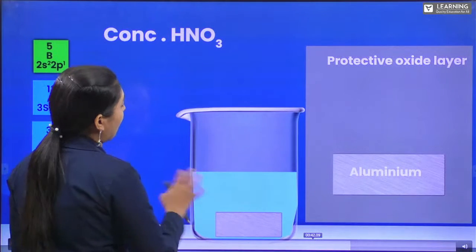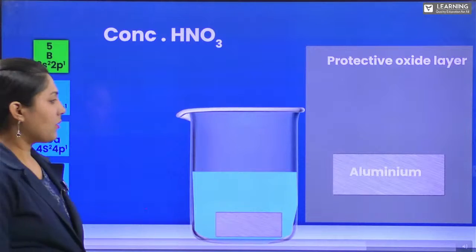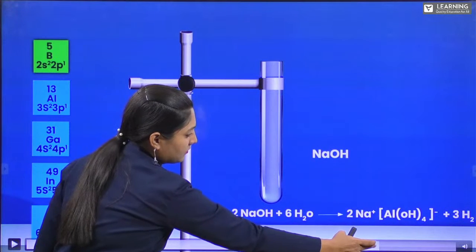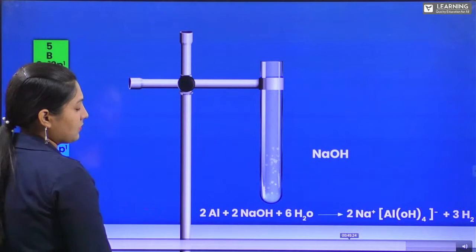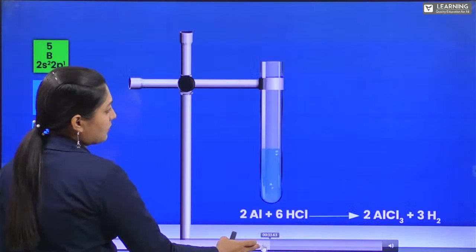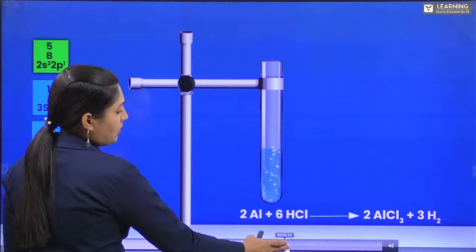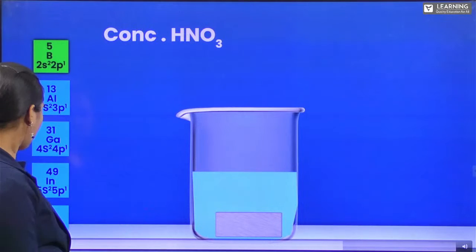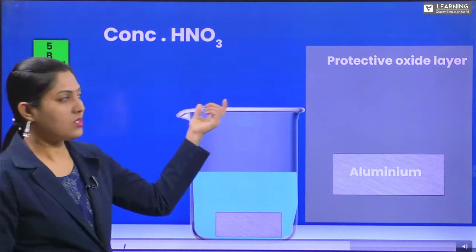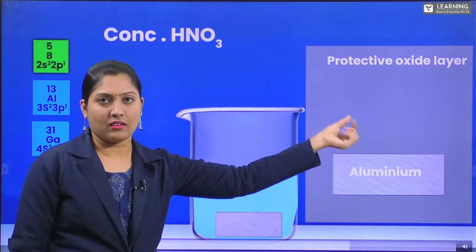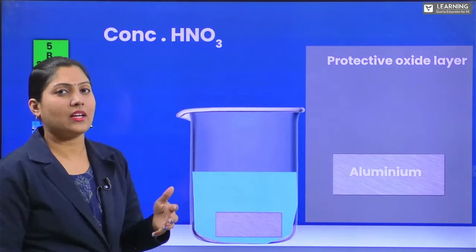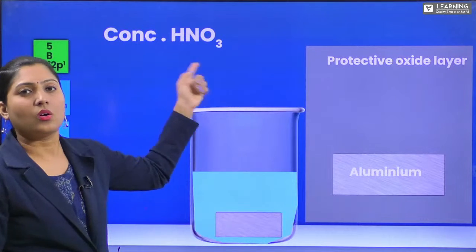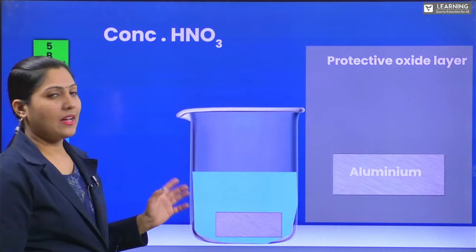As we see here, aluminium will not react with HNO3 because it has a protective oxide layer. As I said, on the surface of the aluminium, oxides are formed. So since oxides are formed, it will not react even with concentrated nitric acid.